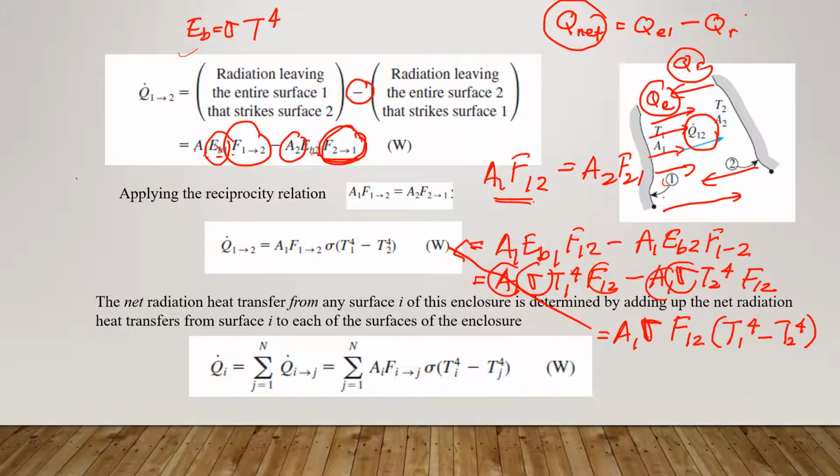For example, if you have surface 1, another surface 2, and 3, and you want to find Q dot 1, you have to find Q dot 1 to 2 plus Q dot 1 to 3 in order to find the net radiation heat transfer from surface i. This is Q dot 1.